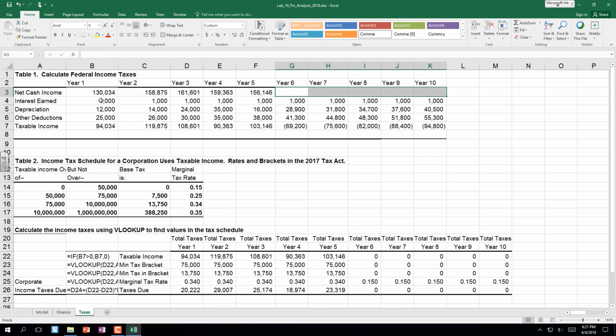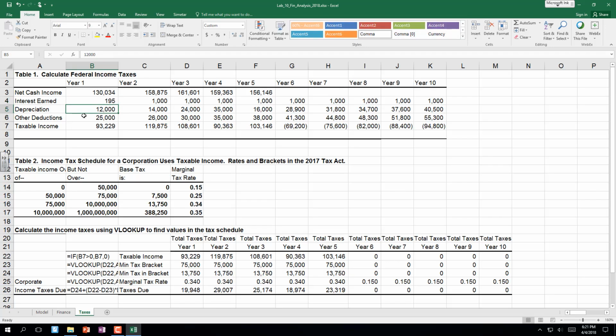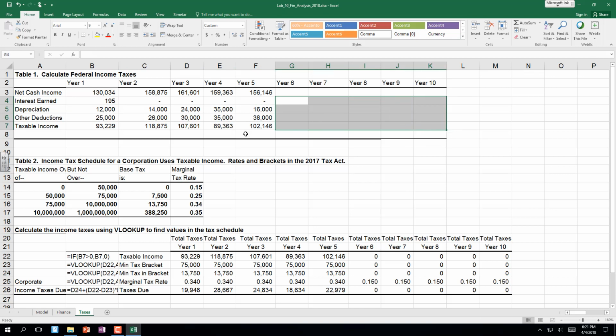Okay, interest earned. So that's equal. Go back to the model. We're at $195. Big deal. Okay. And we'll drag that across for 5 years. And while I'm at it, I'm just going to delete these years 6 through 10.